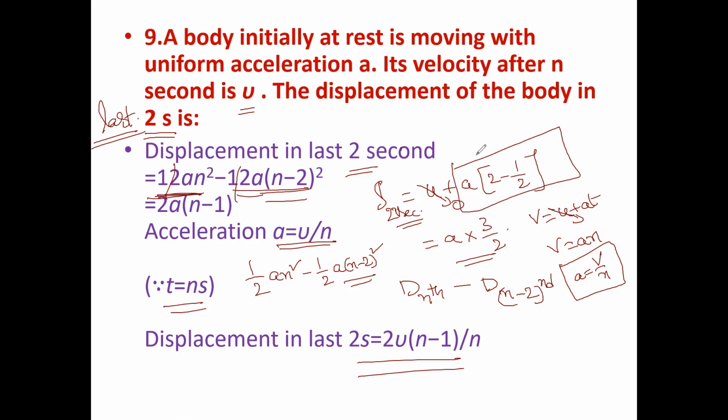You get 2v into (n minus 1) divided by n. Here, instead of a, we put v by n. So you get 2 into v by n into (n minus 1). That is the displacement in the last 2 seconds. Hope it is clear.